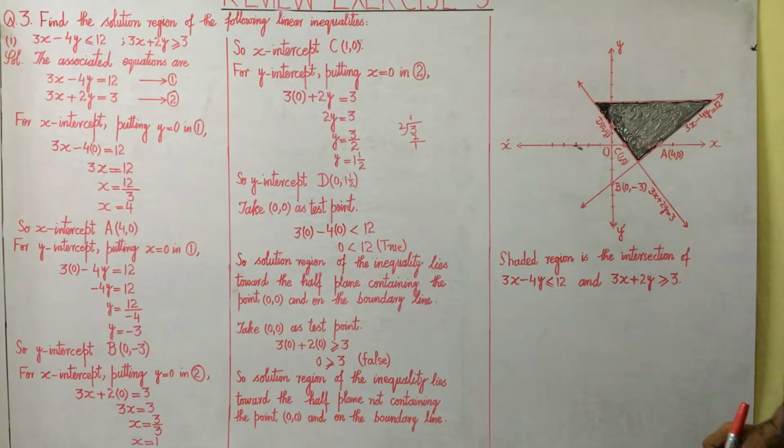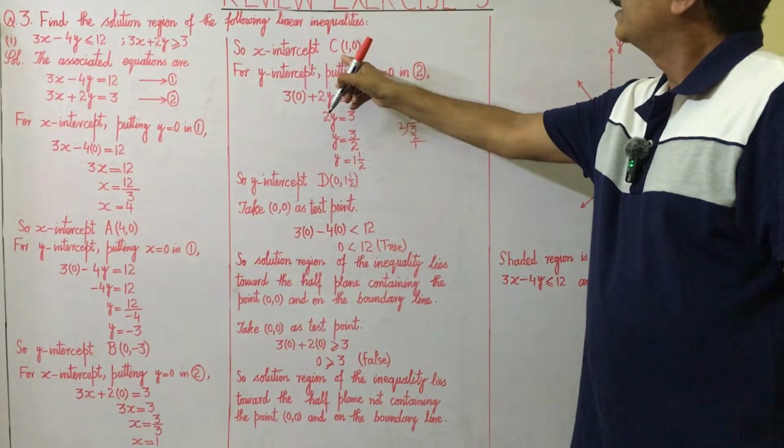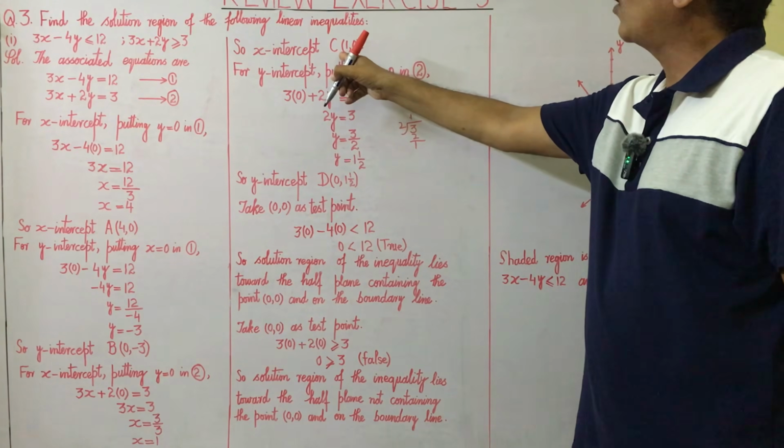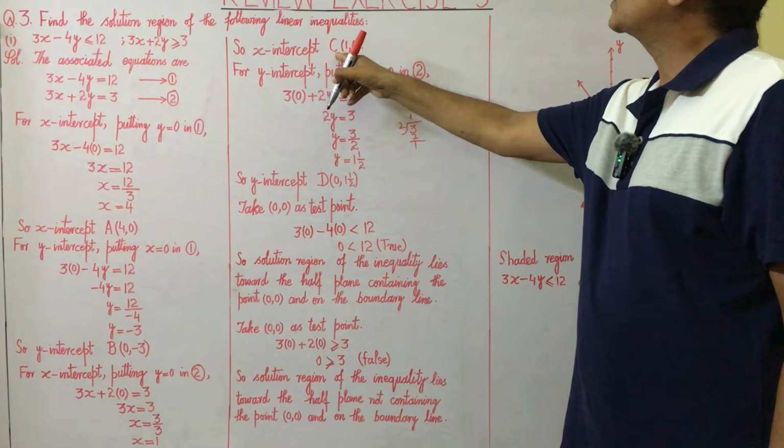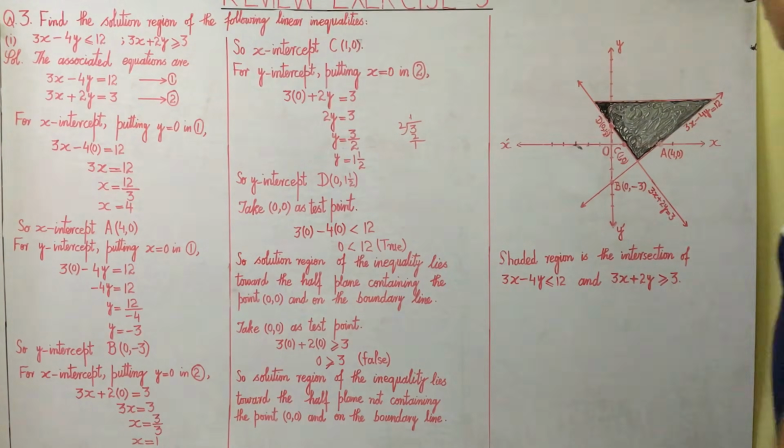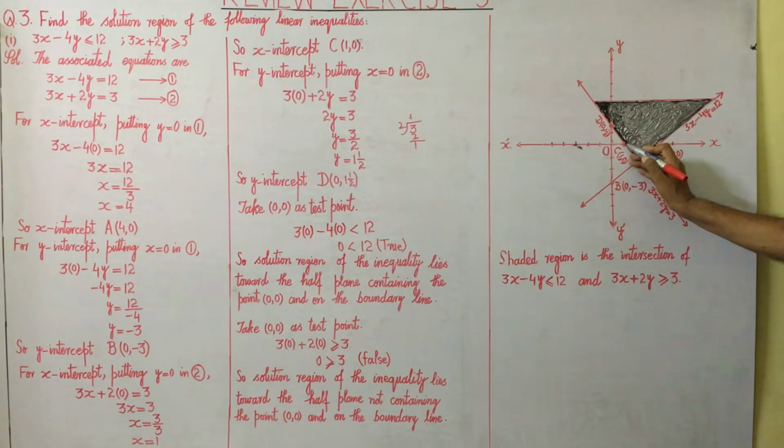Now we plot point C. Well, now we mark point C, which is x-intercept having coordinates 1 and 0. This is 1 and 0. So this is point C having coordinates 1 and 0.